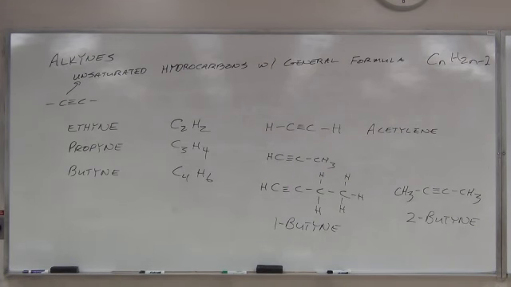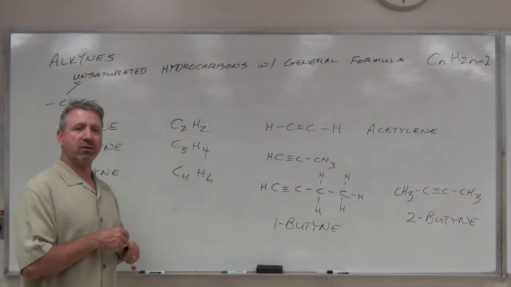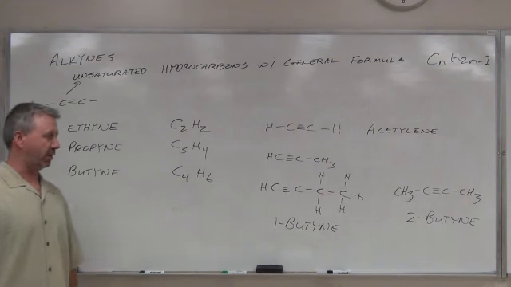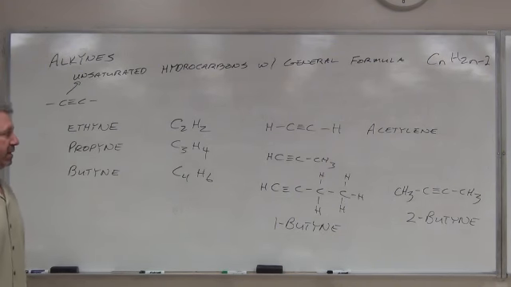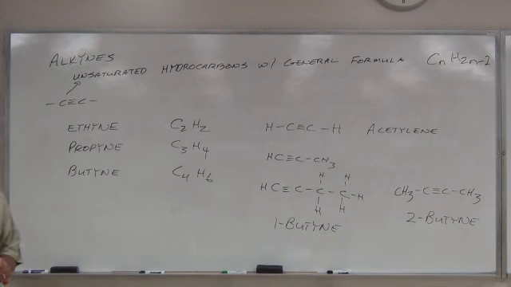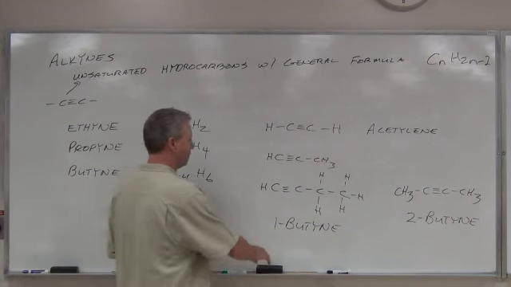Just like our alkenes, we have to locate the triple bond in molecules C4 or greater. We have to locate it. C3 and C2 we don't. Everything else is the same.